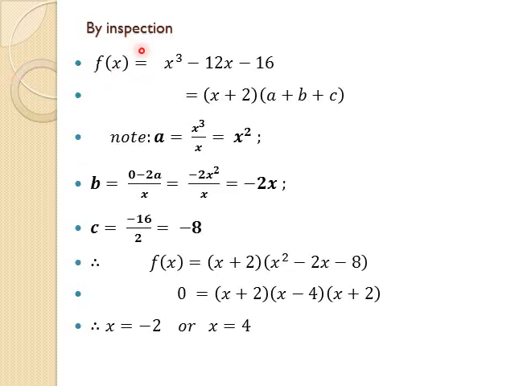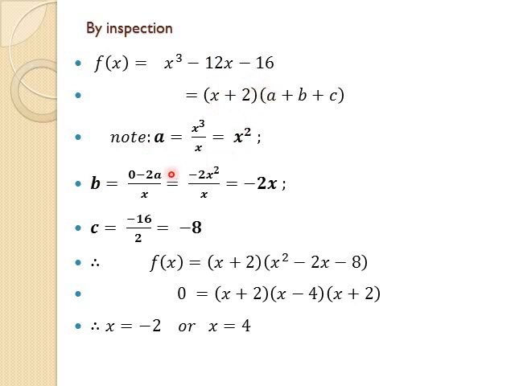Right, so by inspection, x plus 2, x times what would give me x cubed? x times x squared would give me x cubed, or I say x cubed divided by x gives me x squared. For the value of b, I have 0x squared, so take note 2 times the x squared there would give me 2x squared.